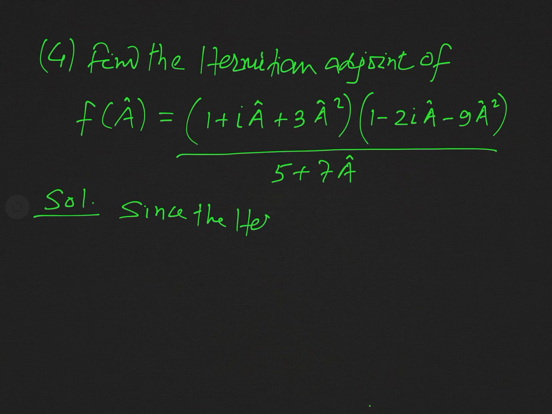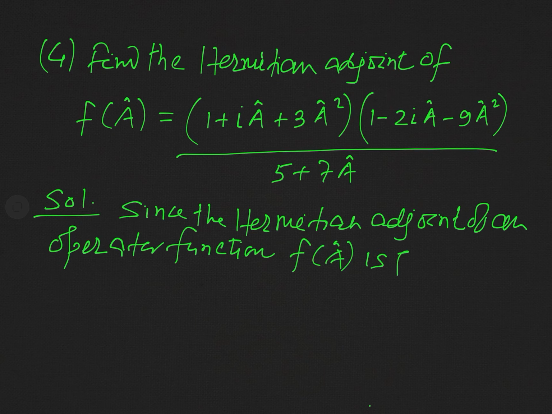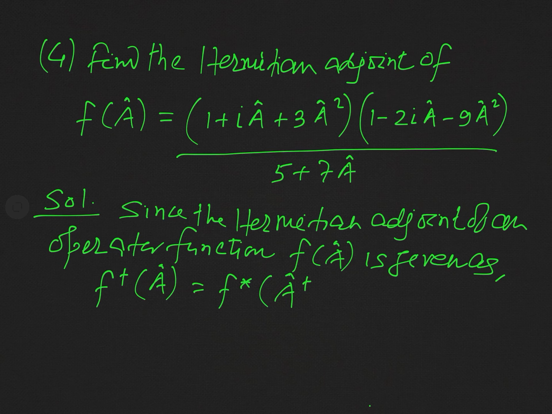The Hermitian adjoint of an operator function f of A is given as f dagger of A hat is equal to f star, this is the complex conjugate of f, of A hat dagger.